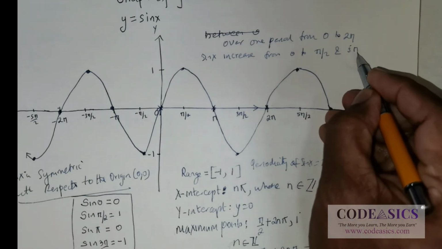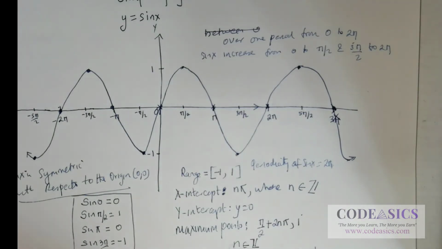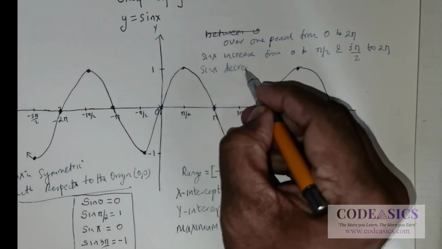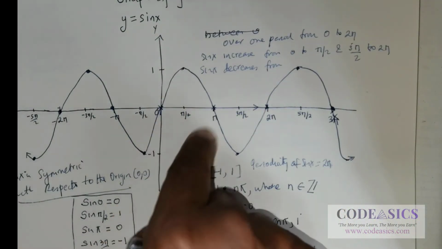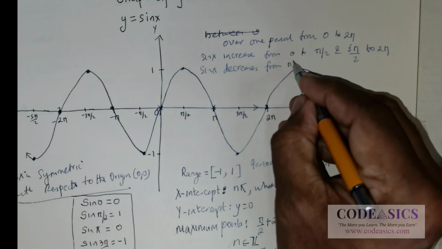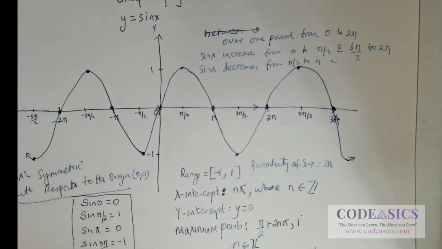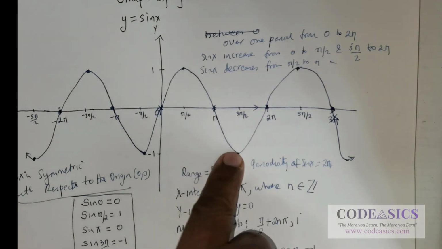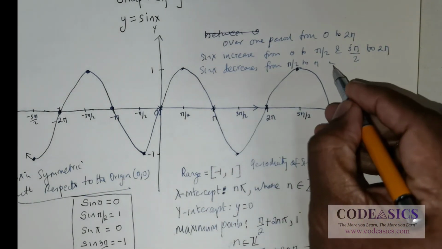And sine x decreases from pi over 2 to pi, and it also decreases from pi to 3 pi over 2.